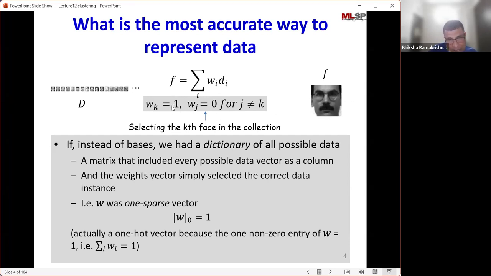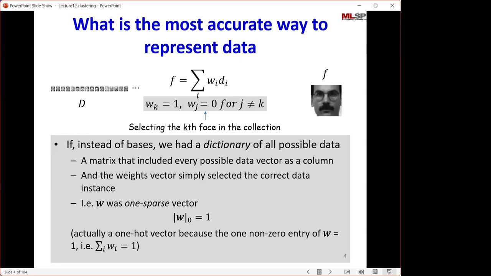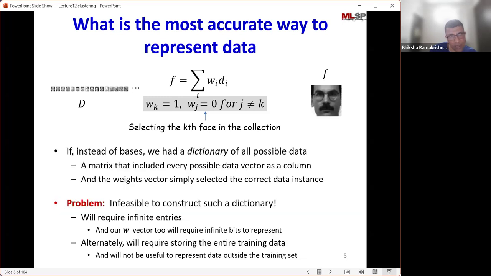And for that target face alone, the weight would be 1. So W would be a sparse vector. It's going to have only one entry, which is 1. The rest are 0. And in fact, it's a one-hot vector because the one non-zero entry is also going to be 1. Did this make sense to you guys? Yeah, right.